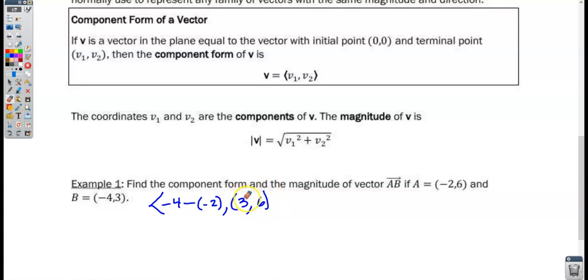Terminal point coordinate minus initial point coordinate. And if we simplify all this, it gives us the component form of this vector, which is negative 2, negative 3. So that's my component form.